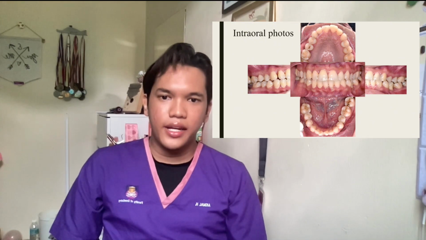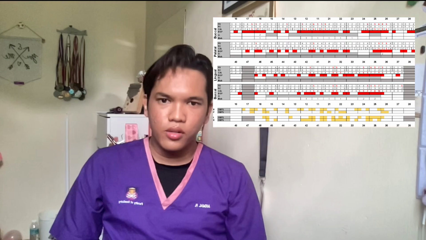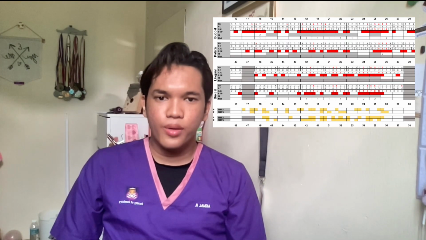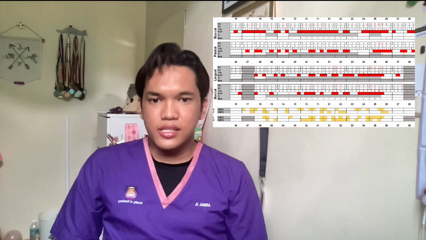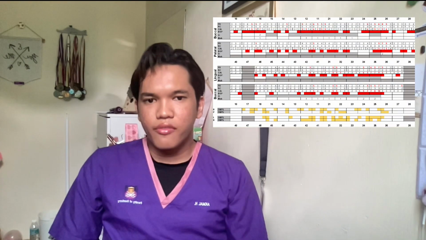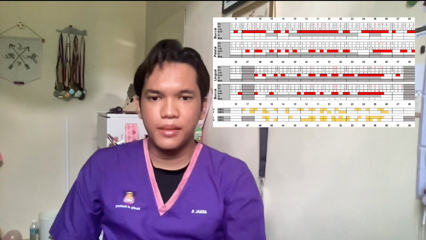Then, when I did a periodontal pocket charting to know your current gum condition, first, what we need to do is measure your pocket depth. It is the measurement of the depth of the space between your teeth and gums. Most of your teeth have deep pocket depths of 5 to 8 millimeters.